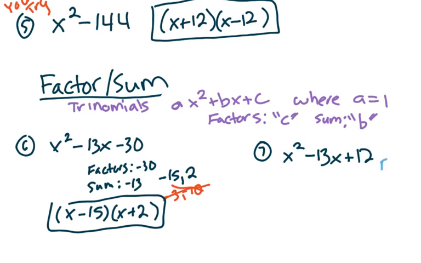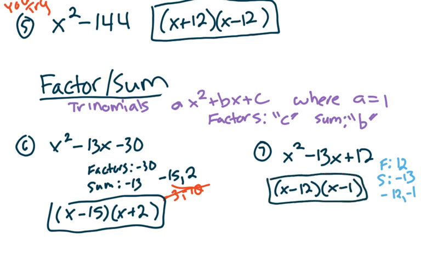So here we're looking for factors of 12 that have a sum of negative 13. So two numbers that multiply to 12 and add to negative 13 would be negative 12 and negative 1. So this would factor into an x minus 12 and an x minus 1.